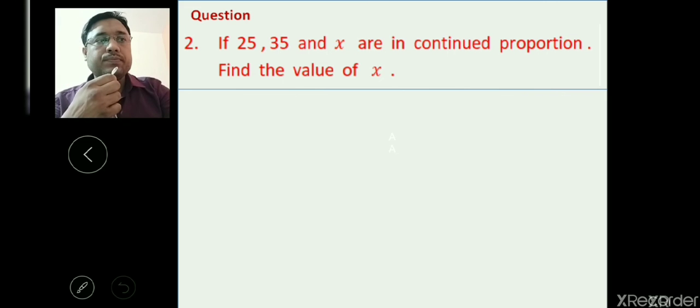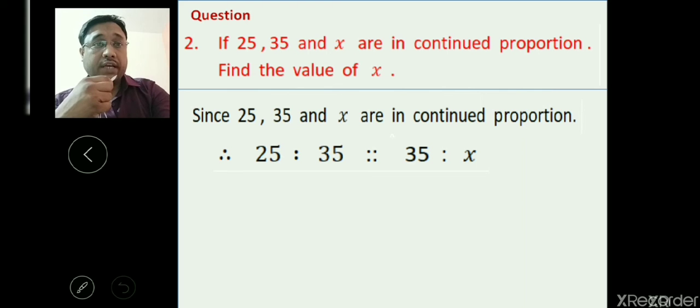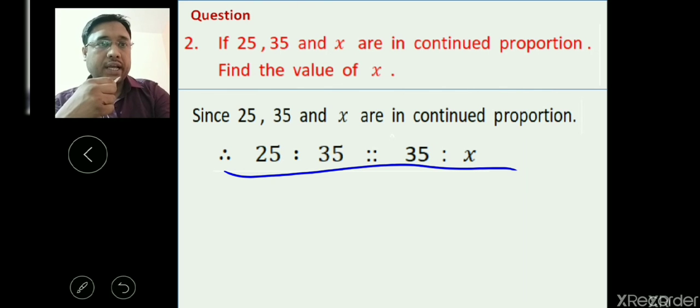Then what you will do, that since 25, 35 and x are in continued proportion, then in the ratio we can write like this, that 25 is to 35 is proportional to 35 is to x. That means ratio of first and second number is equal to the ratio of second and third number. So you can see the second and third numbers are same here.